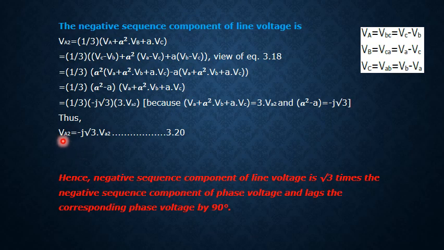Both are root 3 times the phase voltage, but in case of positive sequence the angle is leading, in case of negative sequence it is lagging by 90 degrees. Is it clear?